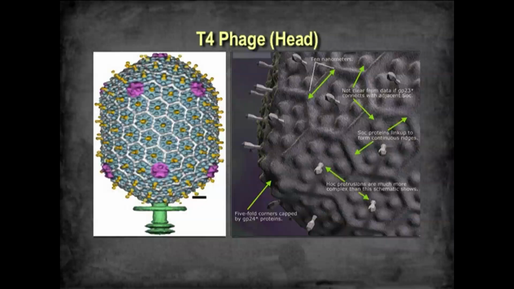The DNA is packaged inside the icosahedron head in concentric layers, and 3 proteins are required to stabilize the head, and 2 proteins, Hoc and Soc, the highly antigenic outer capsid protein and the small outer capsid protein, are also found in the head.